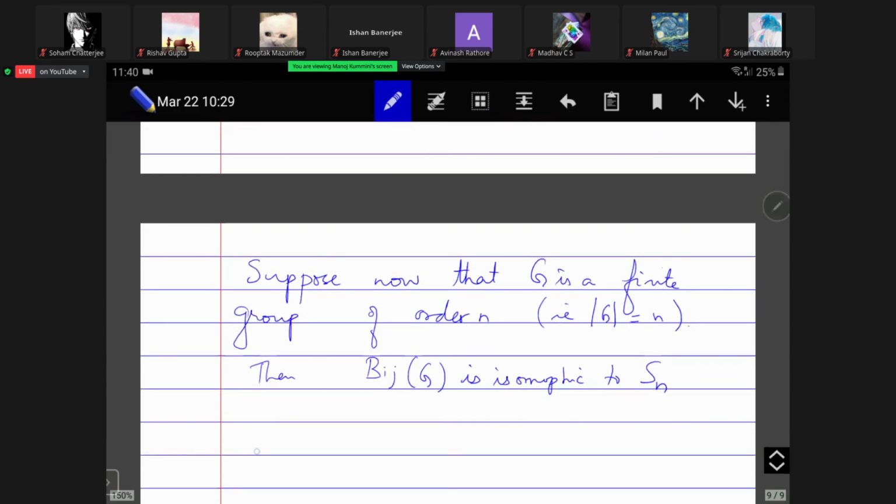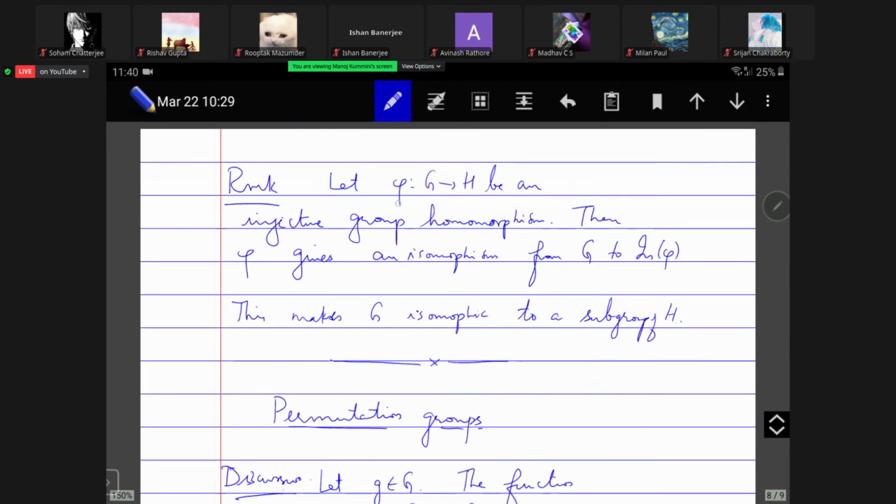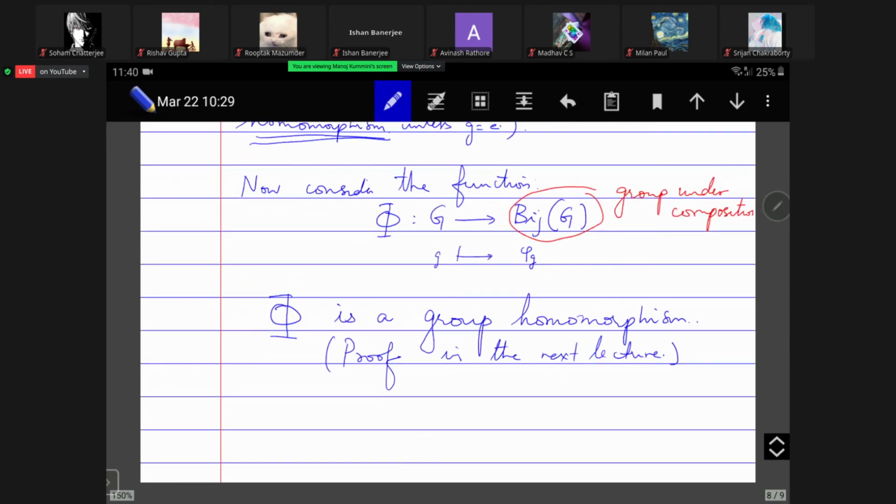Therefore G is isomorphic to a subgroup of S_n, because we observed earlier that phi is injective.